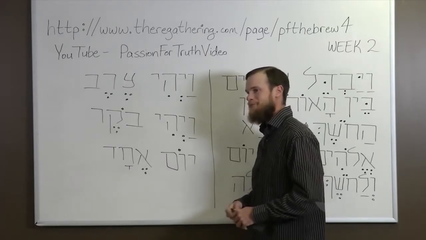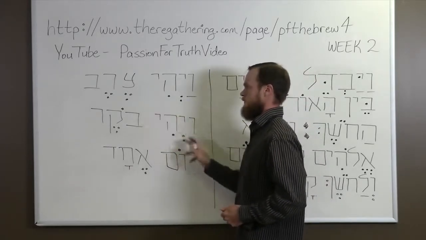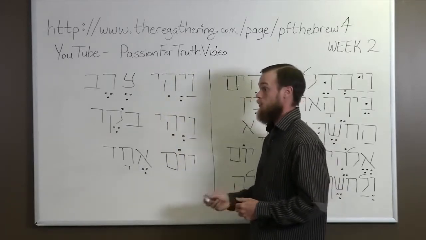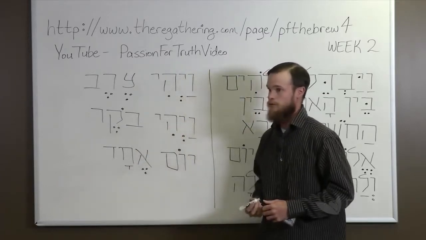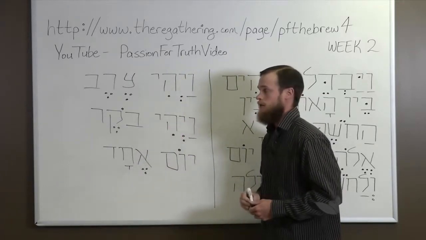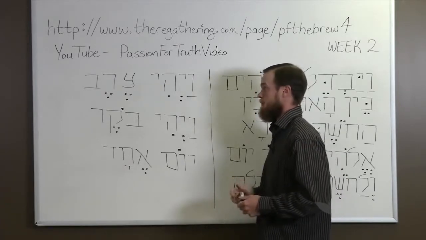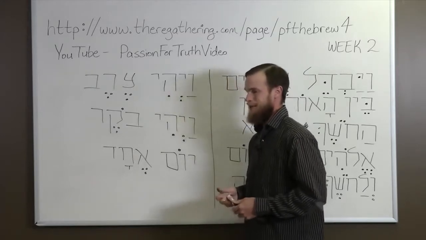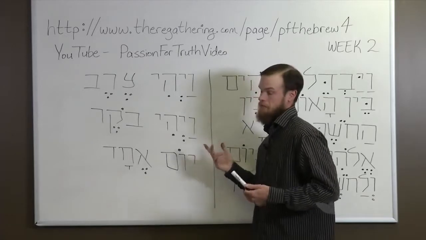I'm not sure. I know part of the reason is because the word right in front of it ends with a vowel sound. However, I've seen where the word in front of a word ends with a vowel sound and there's still a dagesh in the first letter of the word that comes after. So I don't know. But yes, you're right, the dagesh would usually be there, and here it's not.